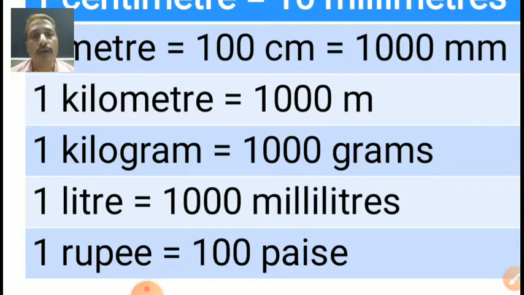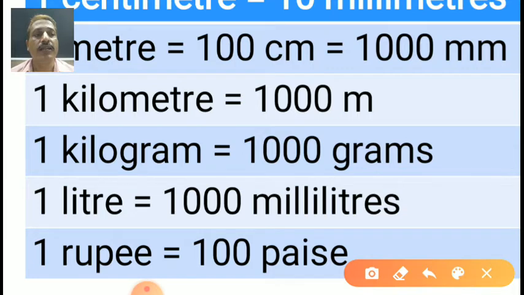Now last but not least, rupees. Everyone likes this thing. 1 rupee is equal to 100 paise. You have 50 paise plus 50 paise. How much is the total? 100. So 2 coins of 50 paise make 1 rupee. Isn't it? Okay, very nice.